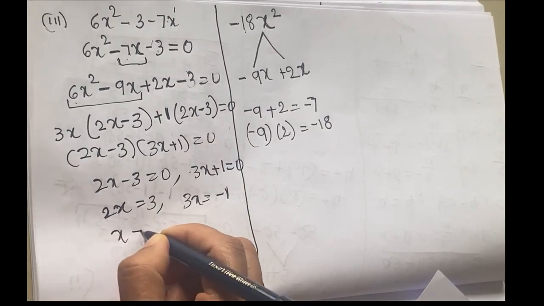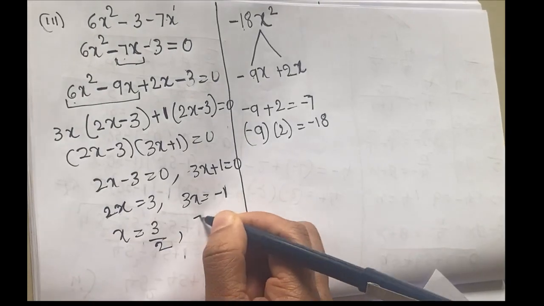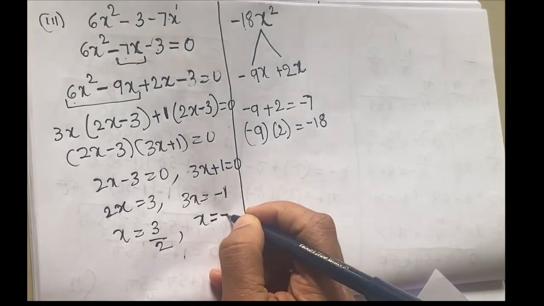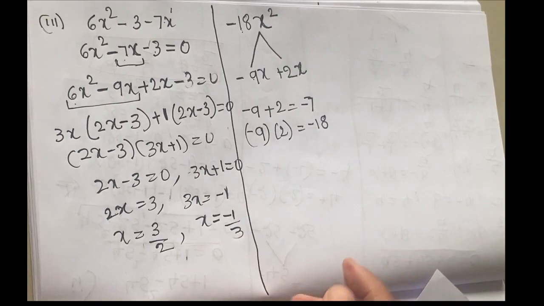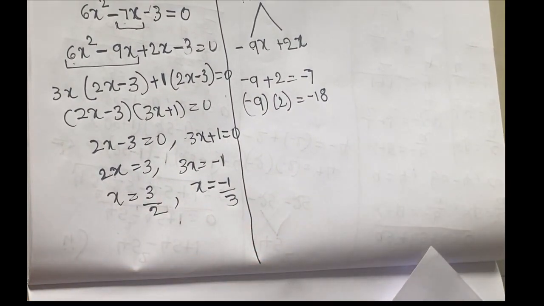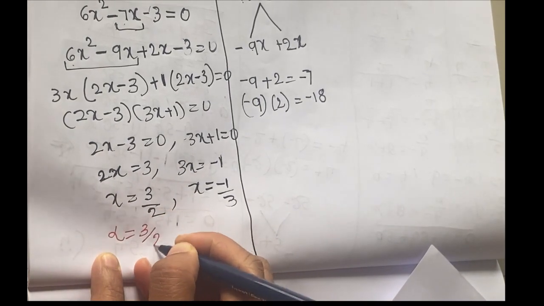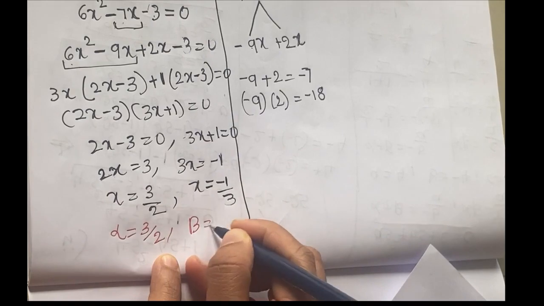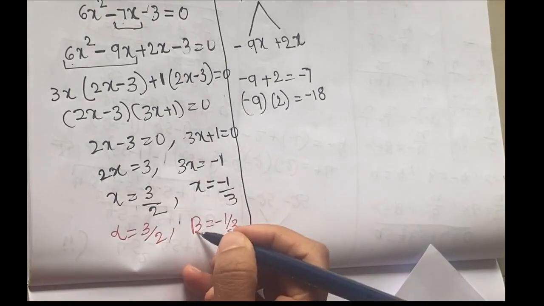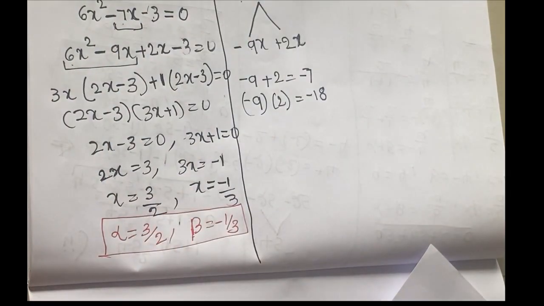You can write x is equal to 3 by 2, this 2 will go to the denominator. x is minus 1 by 3. This is nothing but alpha, one of the zeros, 3 by 2, another beta, minus 1 by 3. These two are the zeros of this polynomial.